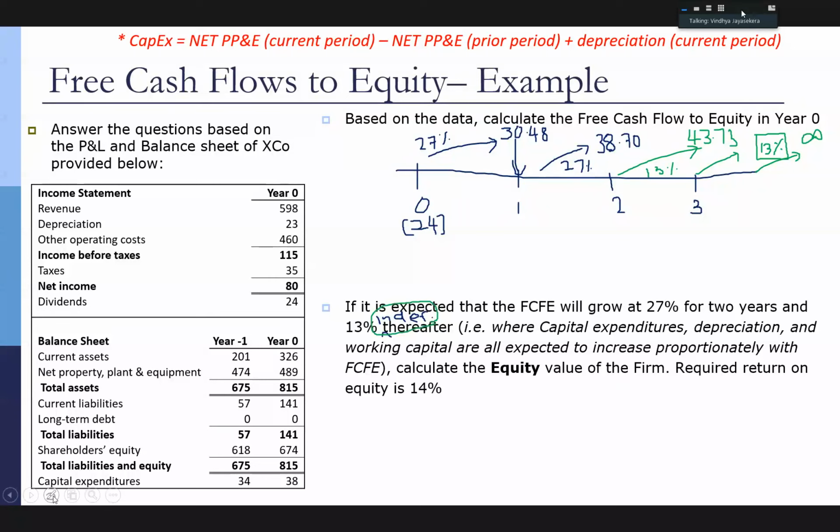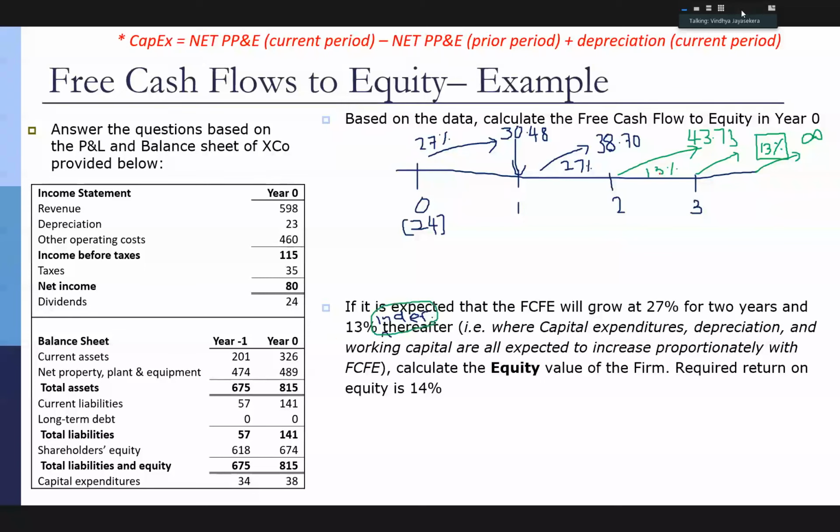But before that, there might be something else you want to do. What's the next step? Calculate the terminal value. Yes. Calculate the terminal value.